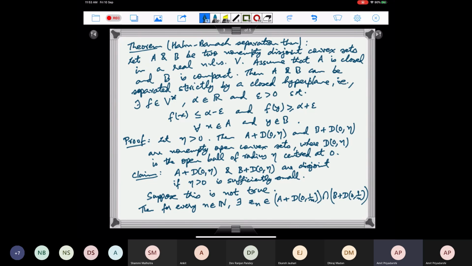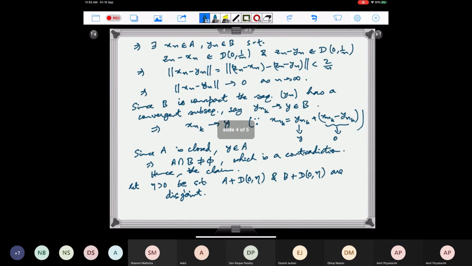You can look at Rudin's functional analysis book, where they talk about topological vector spaces, and the Hahn-Banach theorems are true for general topological vector spaces also. But we will not discuss that, because then I have to do many other things. So I think I'll just do a corollary to this, and then we can stop.